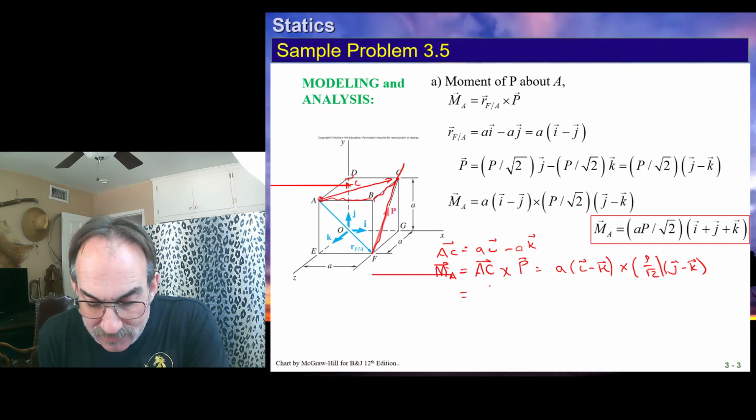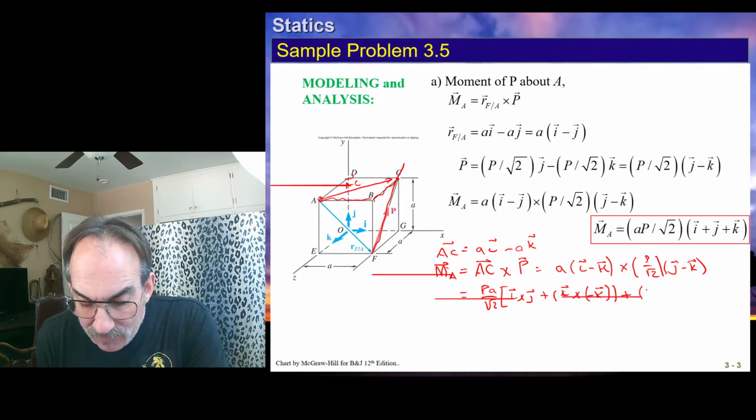That means when we do this, we're going to get the scalar PA over square root of 2, and then we're going to have I crossed with J, plus I crossed with negative K, plus negative K crossed with J, and then plus negative K crossed with negative K.